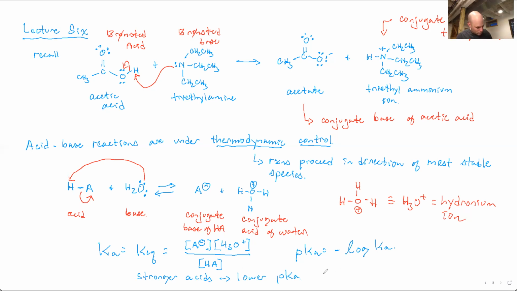And weaker acids are going to have a higher pKa value, okay? And so, go to the next slide here. So the Ka or the Keq is going to favor loss of proton from the stronger acid.